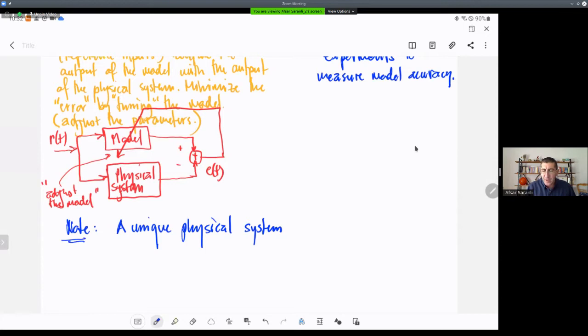But even if you have a system which does not change, which is fixed, which is unique, okay, this can still lead to many different mathematical models.